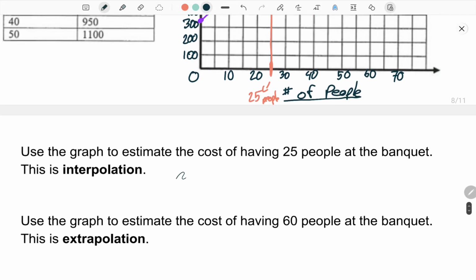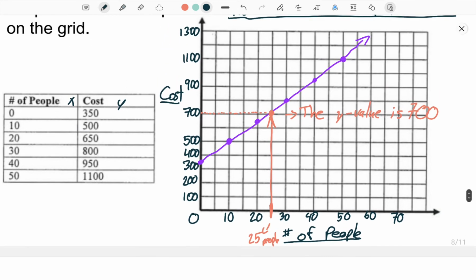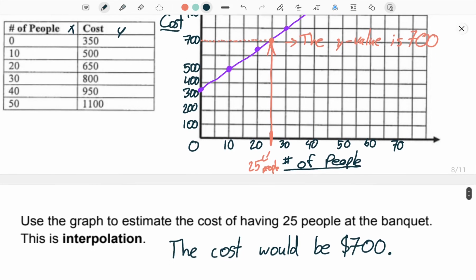And so we could say that the cost would be, well, we said 700 was the value on the graph there. And so we call this particular estimate an interpolation because the actual point we found, the 25 people, that was within the range of data that we originally had. So it was between 0 and 50, was in between the number of people.